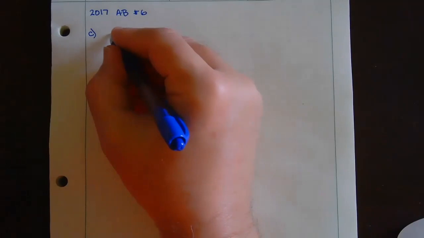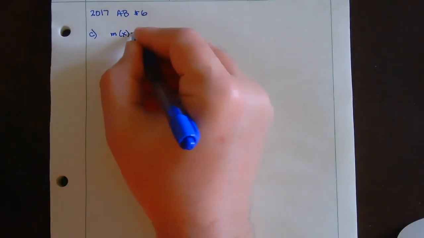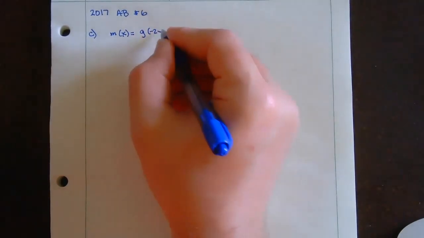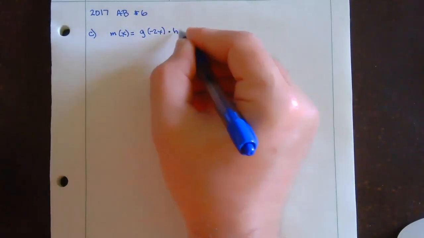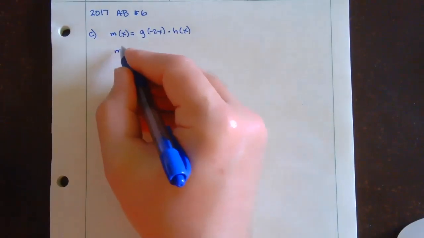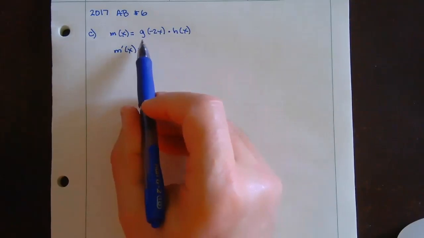So for part C, we know that m of x is defined as g of -2x times h of x. Okay, so then m prime of x, we would have to find that first. That'd be the derivative of the first function.